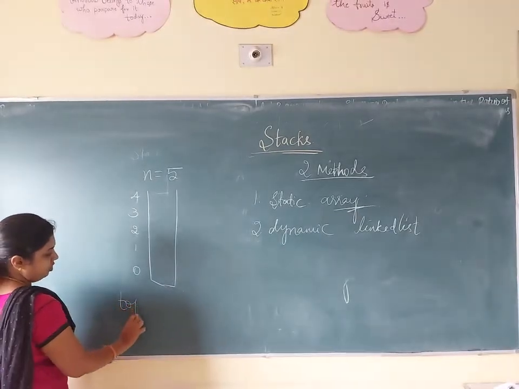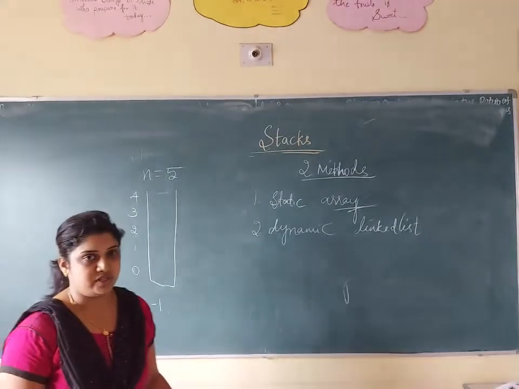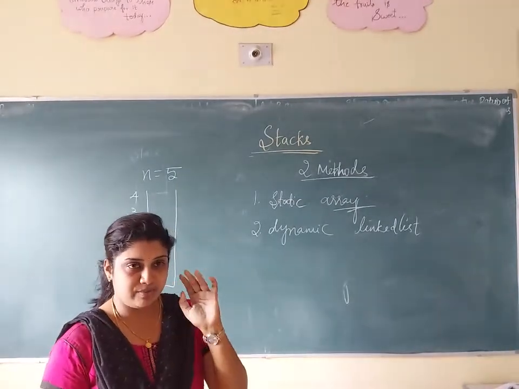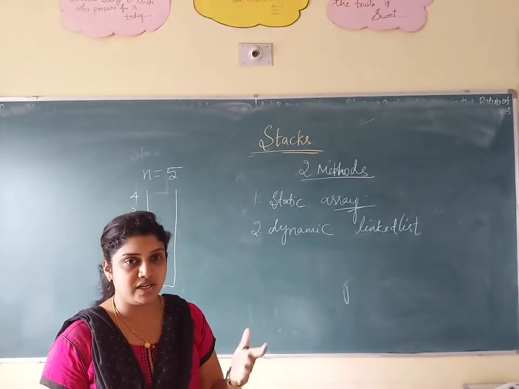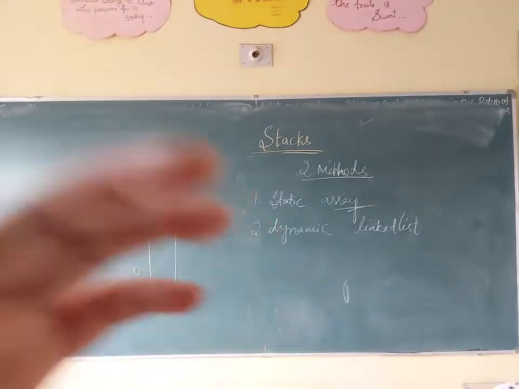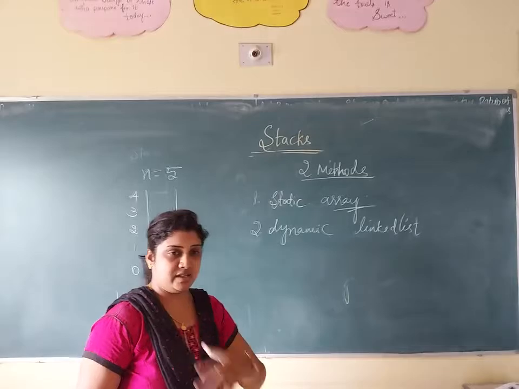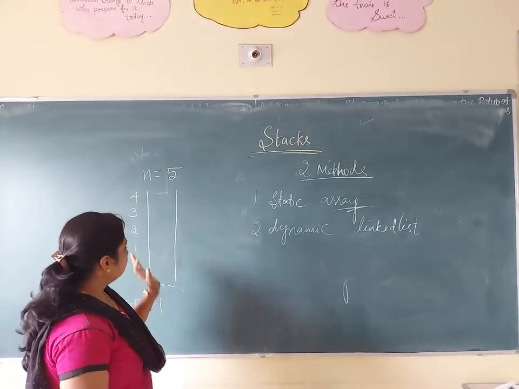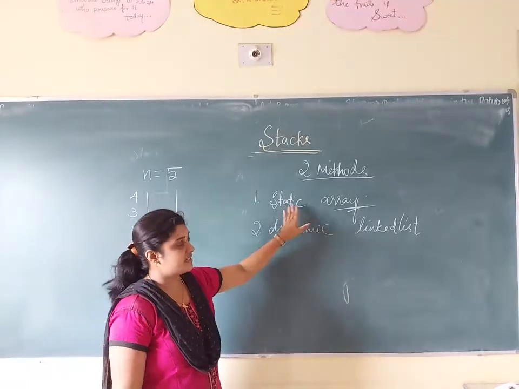Top pointing to -1 indicates that the stack is empty. Once the top reaches the maximum size, you cannot insert any additional items. So that is the first method, the static array.